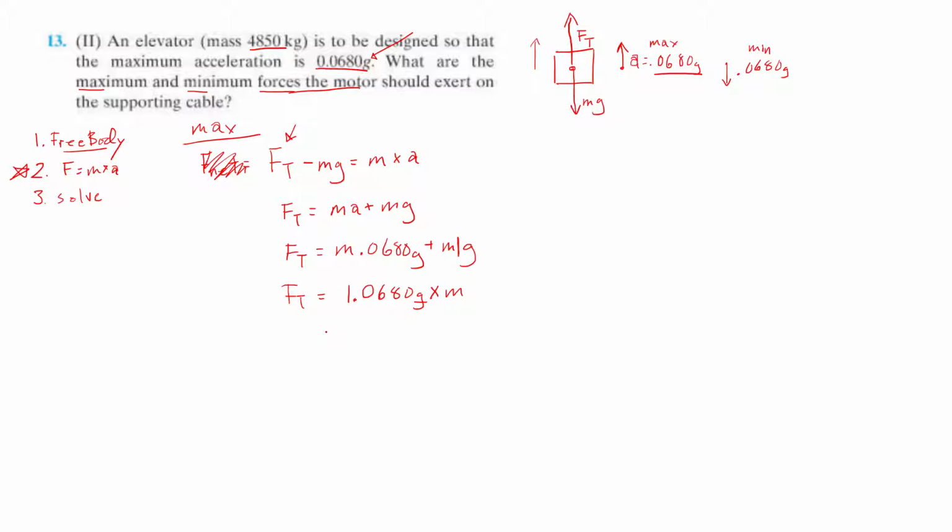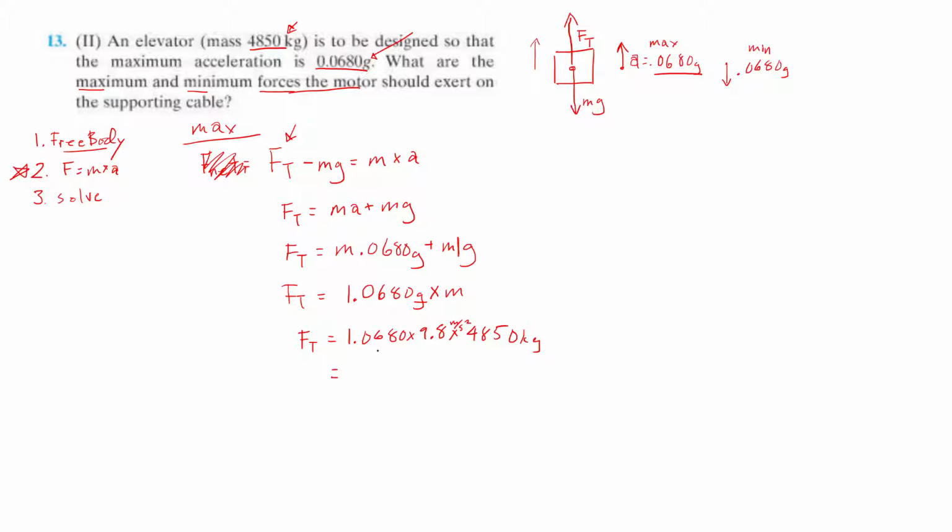And now I could plug in to solve. So Ft, the force of that motor, is 1.0680 times 9.8 times the m, which is this sucker right here, 4850 kilograms. All right, this is mass, meters per second squared.